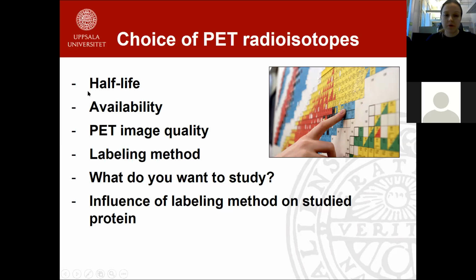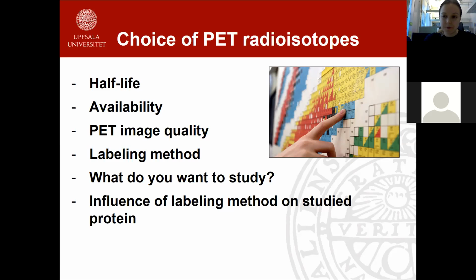Sometimes it can also be the price. For example, SPECT is a very common imaging modality in most hospitals in the world, especially outside Europe. SPECT is widely used, and one of the common nuclides for SPECT is technetium-99m. That technetium-99m is widely available because it can be eluted from a generator.